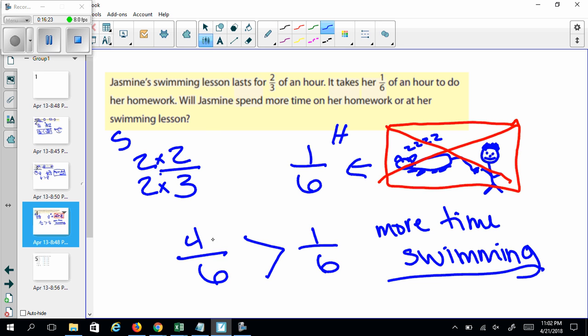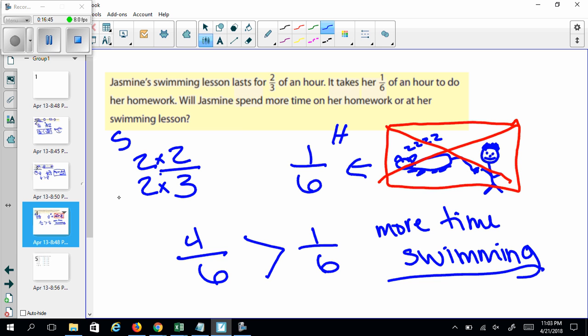I did the same to my numerator. If you don't do what you do to the denominator to the numerator, you're not going to get an equivalent fraction. It's not going to equal. Okay? So out of swimming and homework, it took her more time to do swimming. So she spent more time swimming than she did doing her homework.